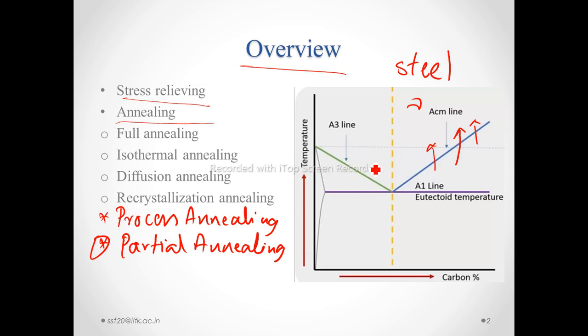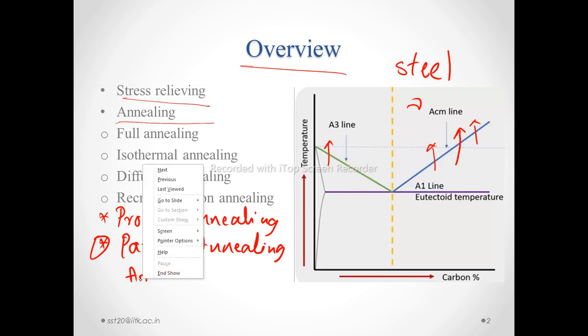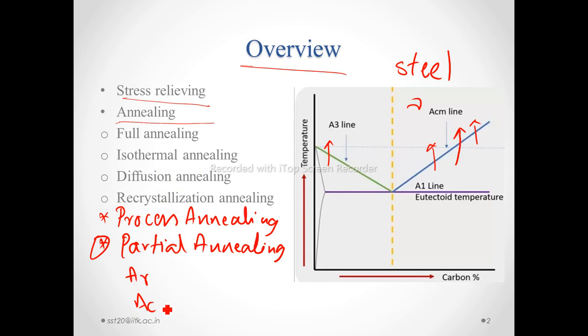Whereas similarly in the case of hypo-eutectoid steel, the A3 line is the temperature at which the transformation of alpha ferrite to austenite is completed during the heating. So we can explain in two ways, that is AR and AC.